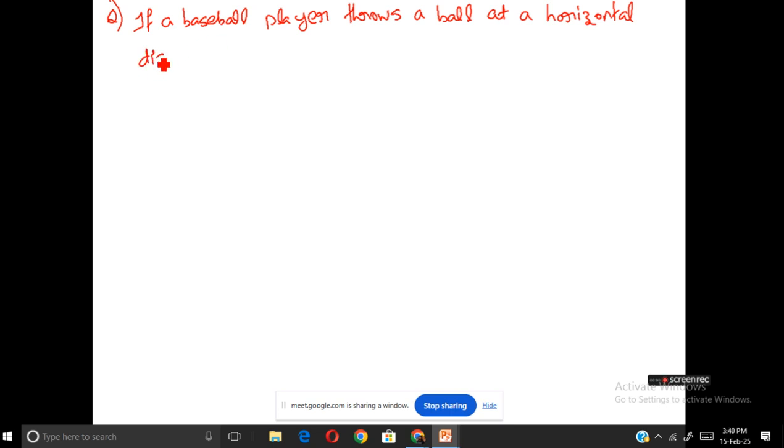Suppose a baseball player throws a ball at a horizontal distance of 100 meter at 30-degree latitude, in 4 seconds.